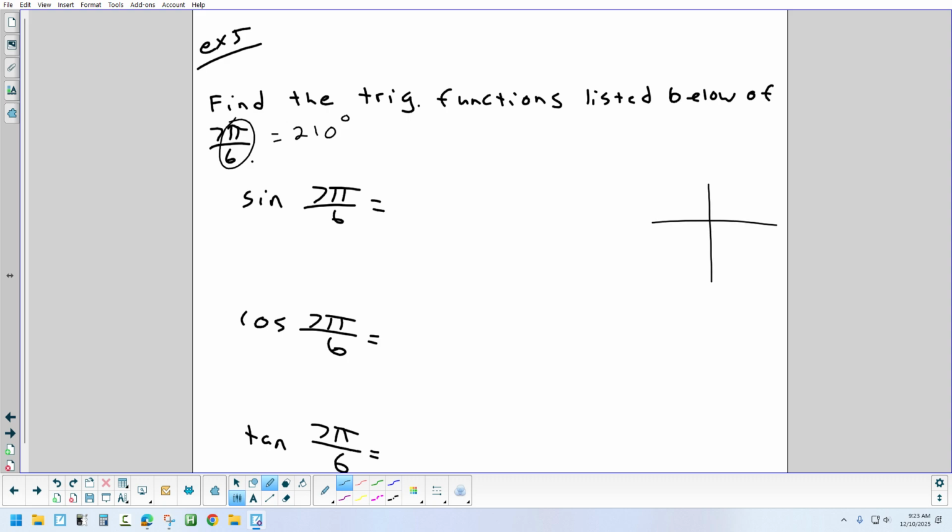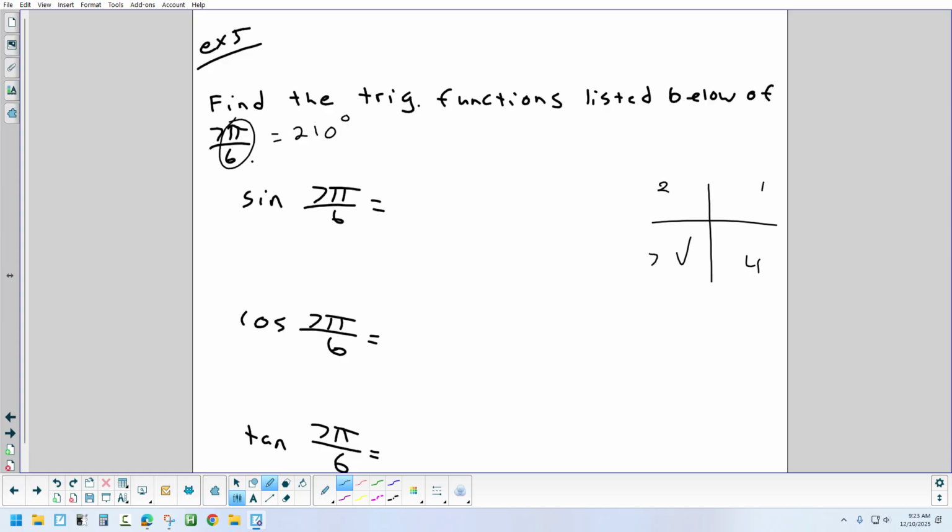Okay, first of all, what quadrant is 210 in? Yeah, we're looking for somewhere in this quadrant. So we know that the x is negative and the y is negative.